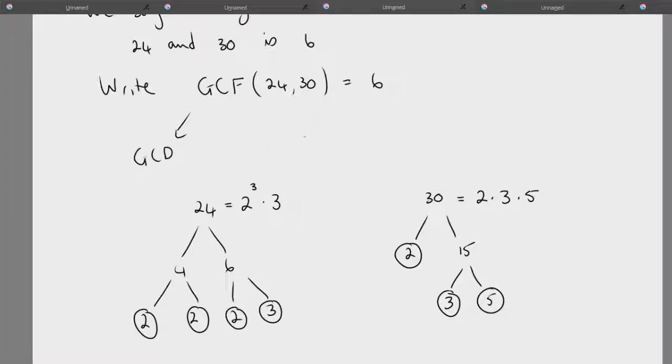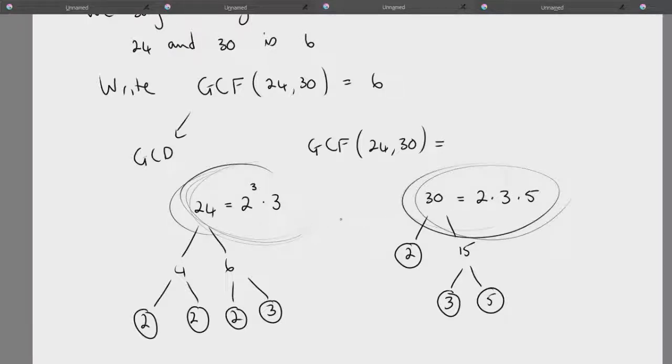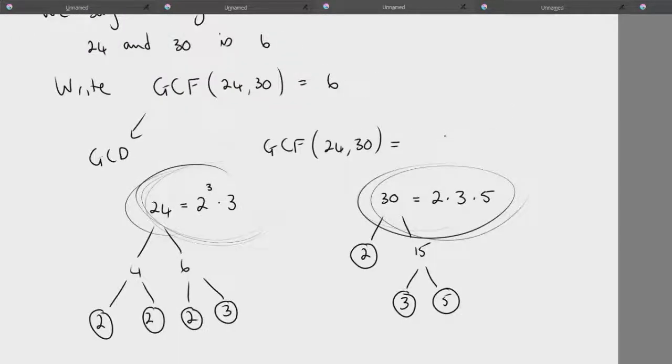Now pretend you didn't know what the greatest common factor of 24 and 30 is. How do I use these building blocks of these numbers to find and essentially build this GCF? Well, 24 is built up from 3 2's and a 3.